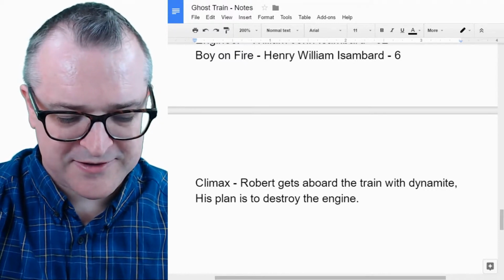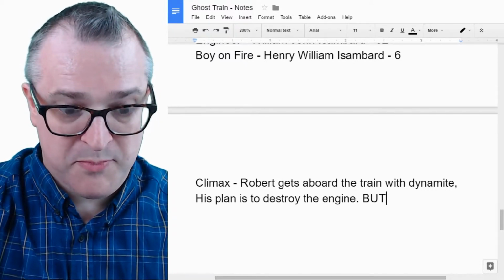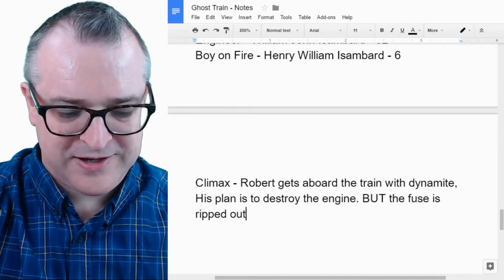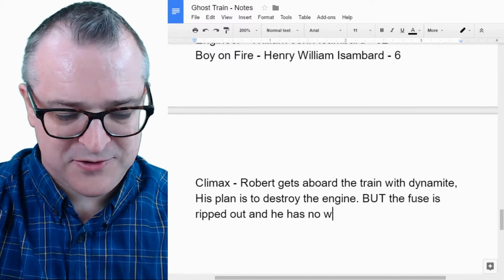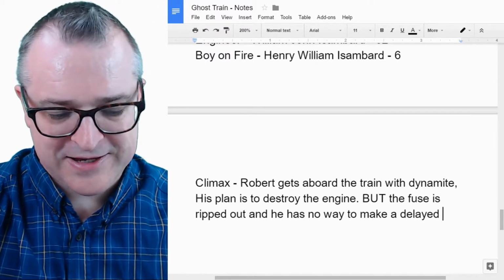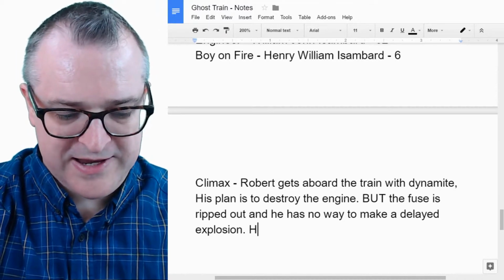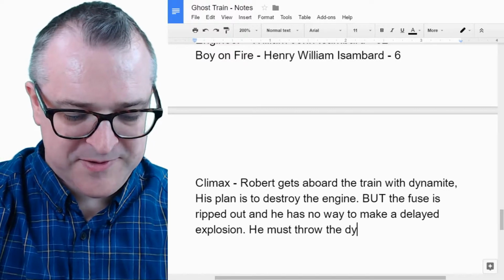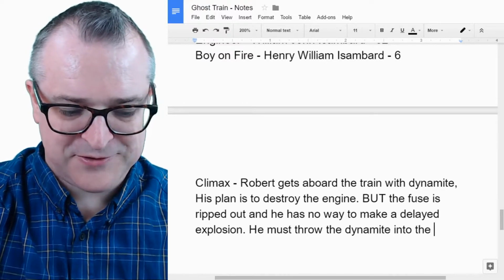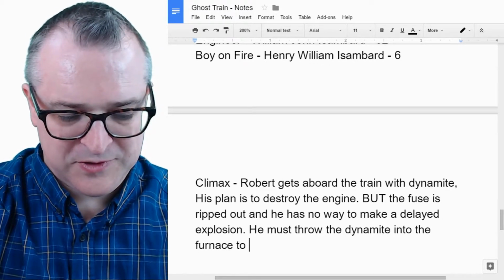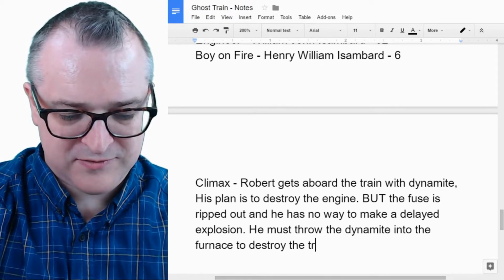And I had this idea that the fuse is ripped out and he has no way to make a delayed explosion, and he must throw the dynamite into the furnace, into the engine, to destroy the train but also himself.